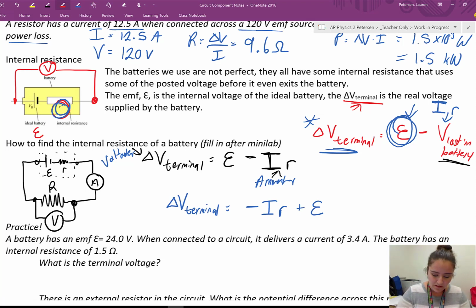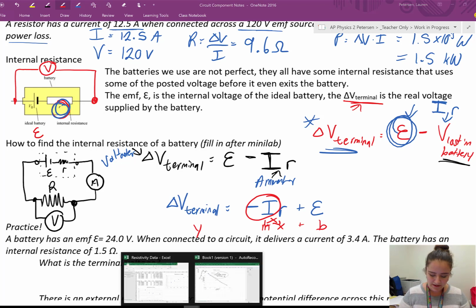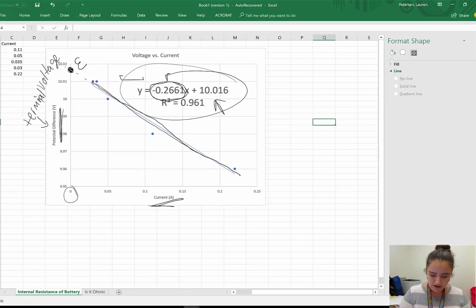There's our Y, that is what we measured, equals mx plus b. Technically it's this way, so current is our x. You'll see the current is on the x-axis.